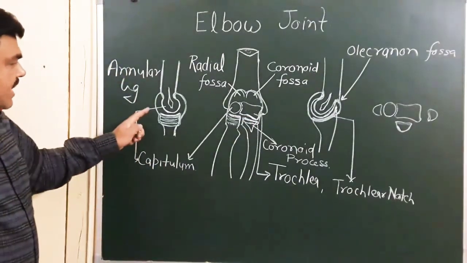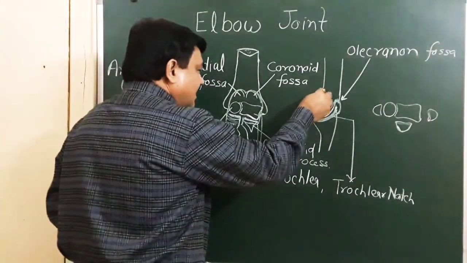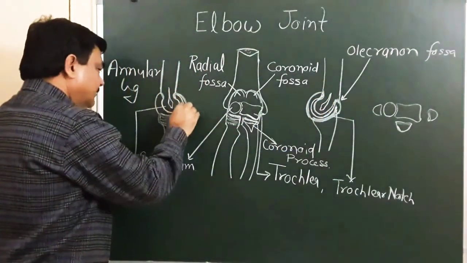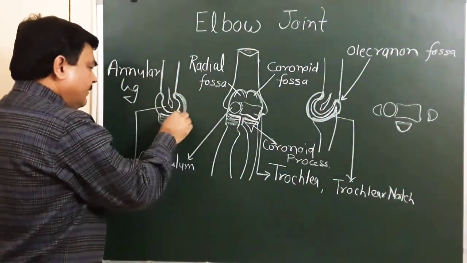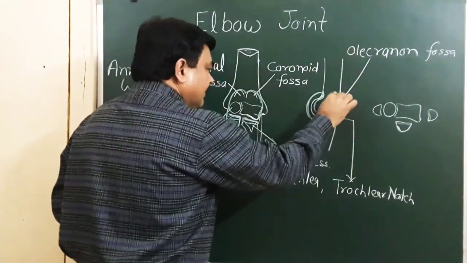This capsular ligament is very thick anteriorly, and posteriorly it is very thin.